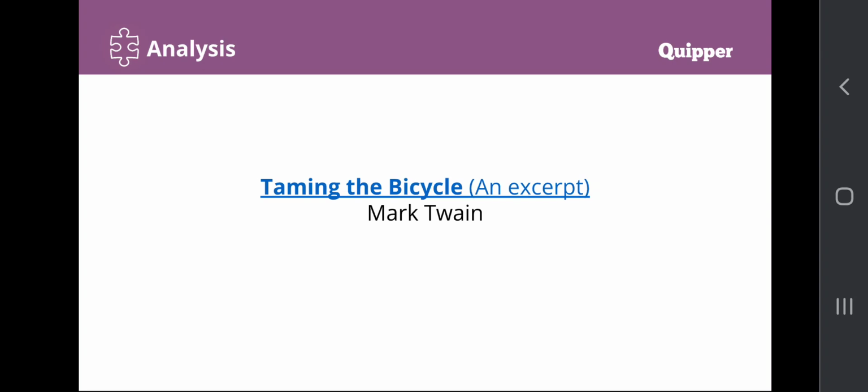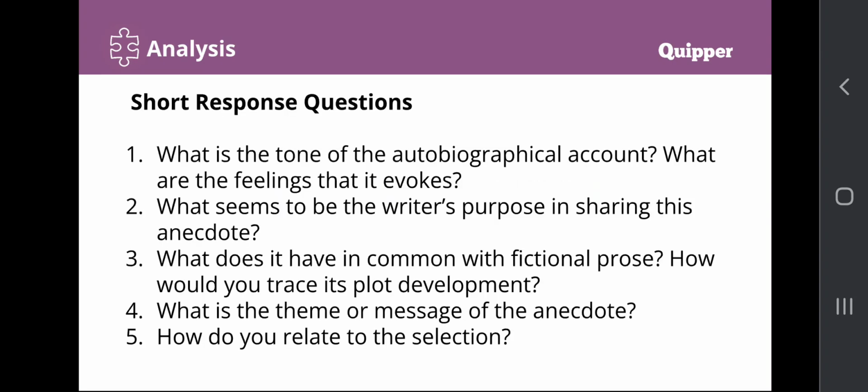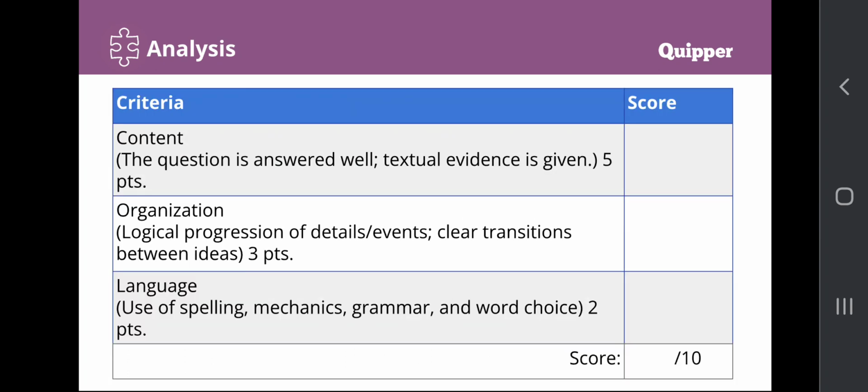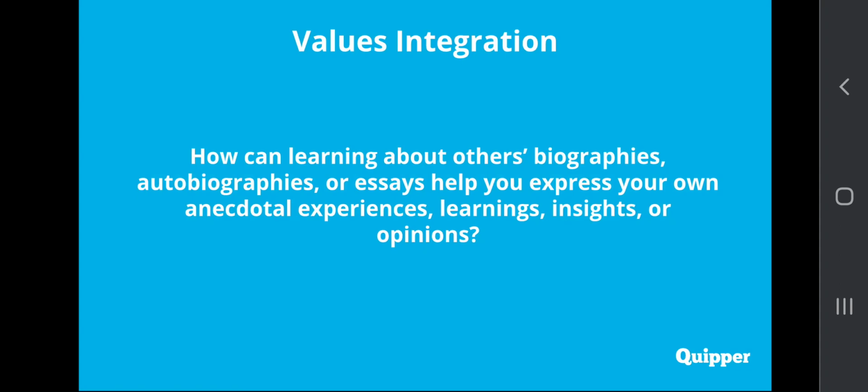I want you to analyze this particular excerpt and answer these short response questions. Afterwards, we are going to integrate our discussion about literary or creative nonfiction with this question. How can learning about others' biographies, autobiographies, or essays help you express your own anecdotal experiences, learnings, insights, or opinions?